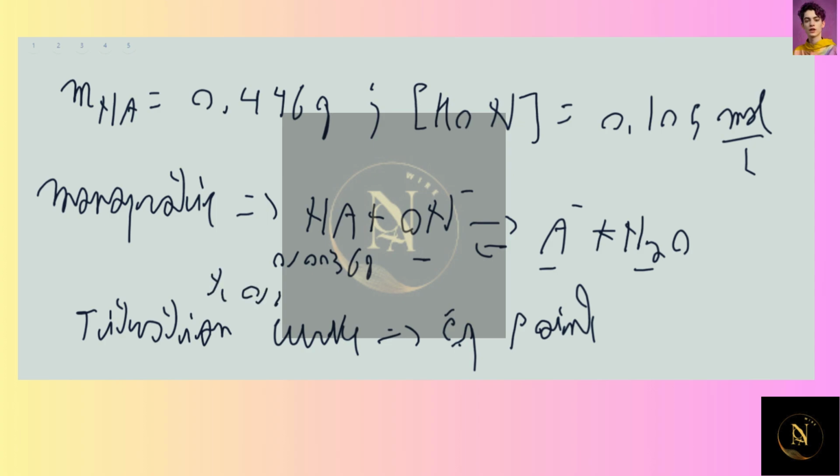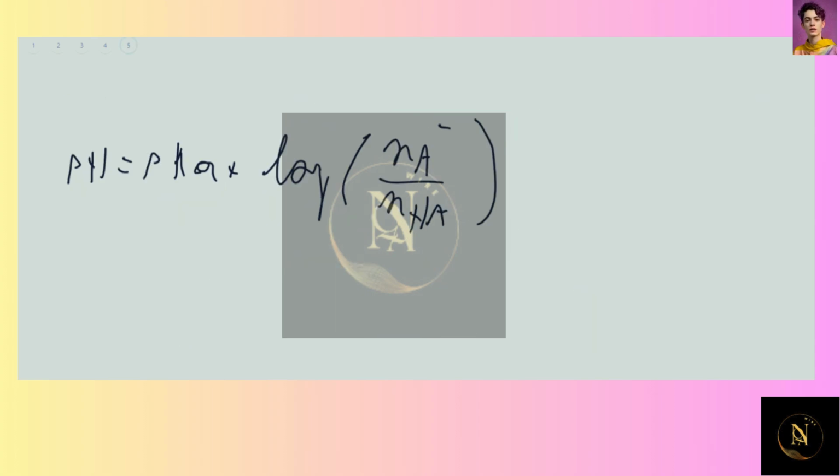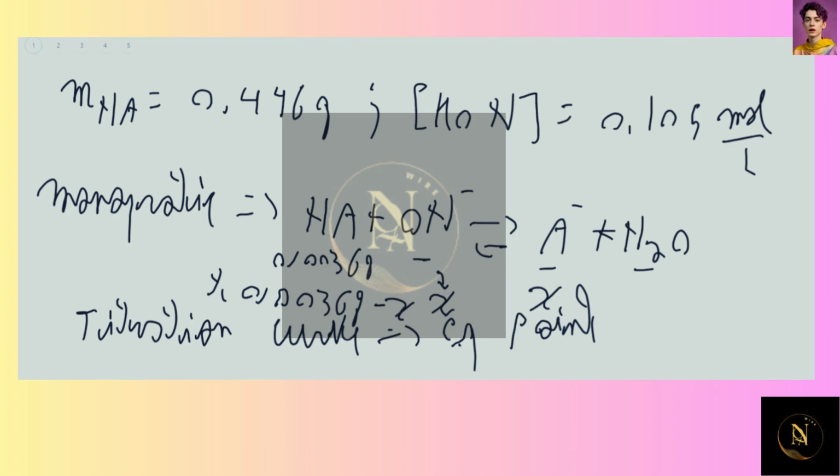So let's say it's 0.00368 minus X. X is the quantity of OH minus you're adding, and also the base will start forming, so it's X. And then all you have to do at this point is use the titration curve. Take a random value for your pH. So if pH is equal to 4.2, for example, you'll need V KOH of 20 milliliters to reach that pH, from 2 to 4.2.